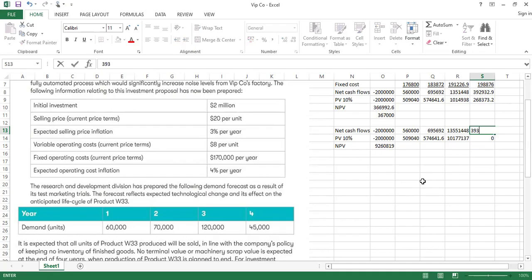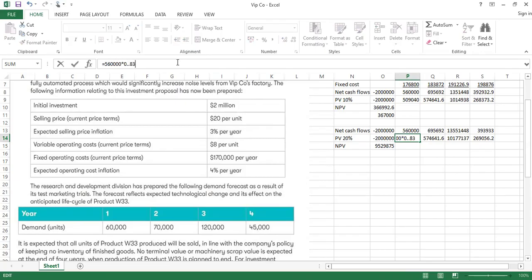But if you have two positive net present values, you can still calculate your IRR. But definitely do not try it with two negatives. If the first one is negative, it means this project is not financially viable. So now I am going to change the present value factors to 20%.